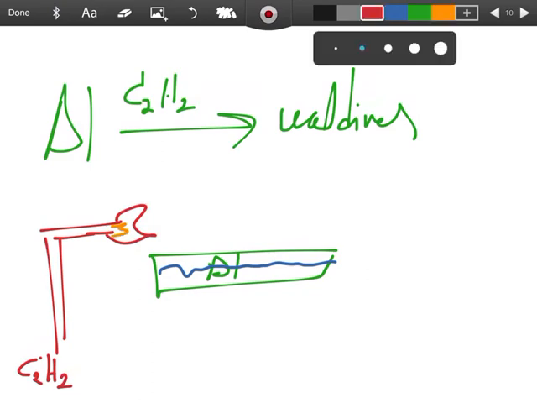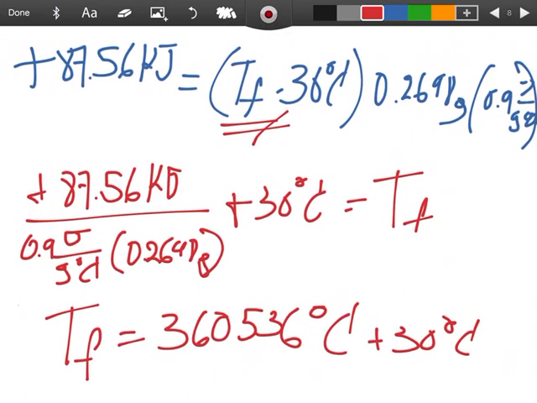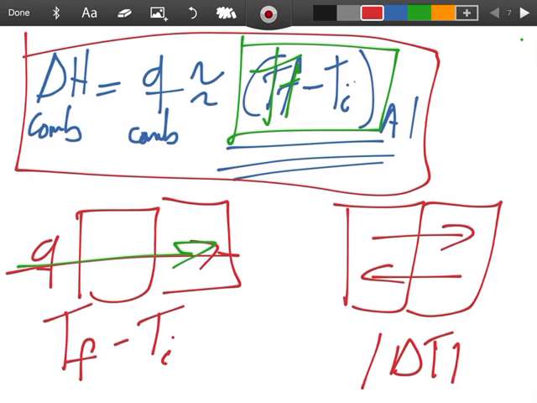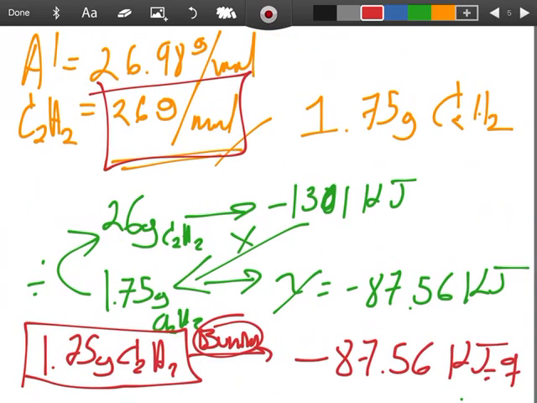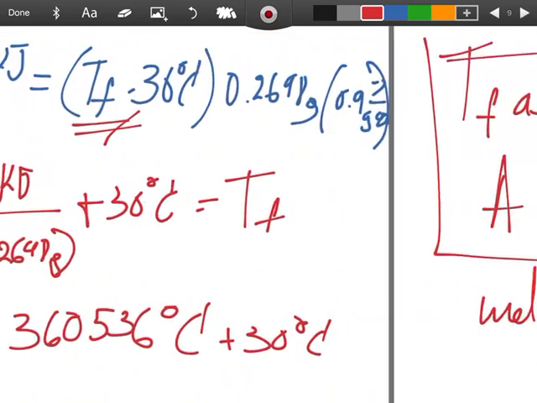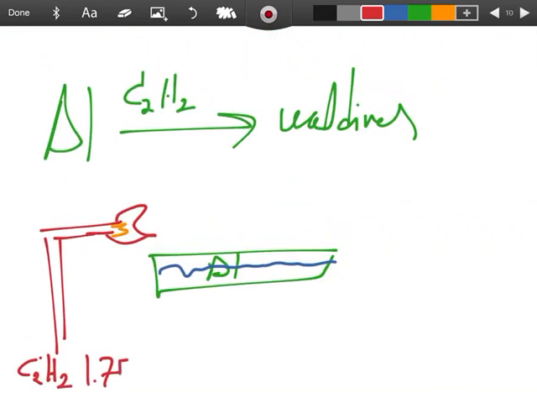Doesn't matter. So according to this equation, if we burn 1.75 grams of this heat, I am going to transfer the amount of energy of minus 87.56 kilojoules.